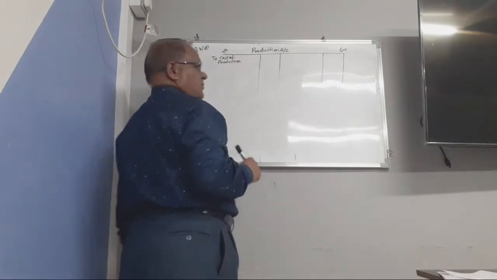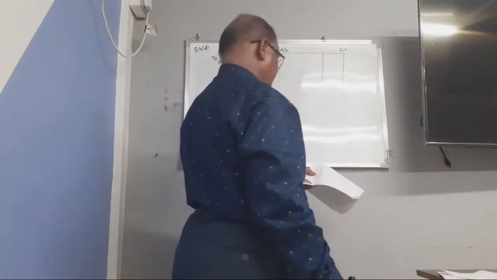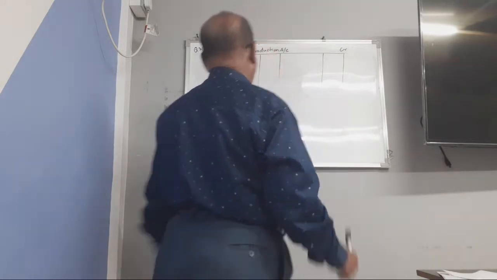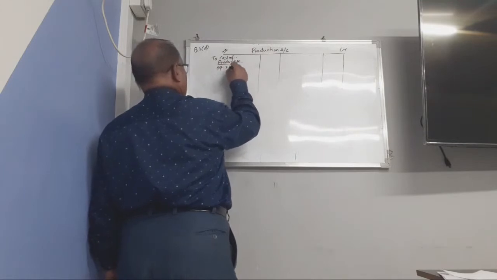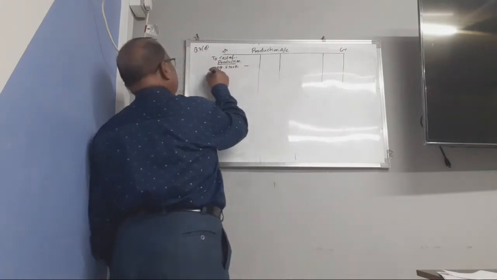Cost of production. How to ascertain the cost of production? The cost of production will be: opening stock is not given, nil. Then purchases, and purchases is given to us.